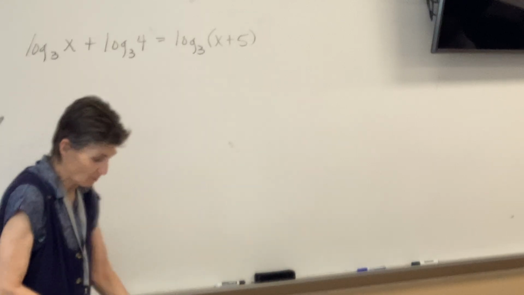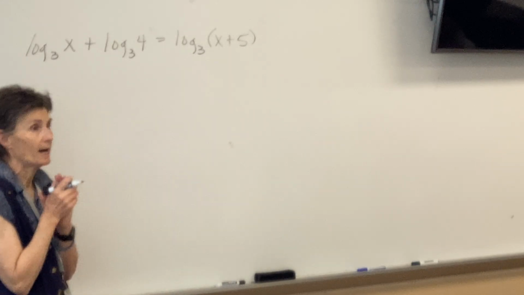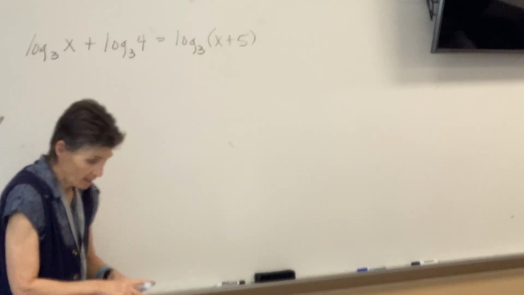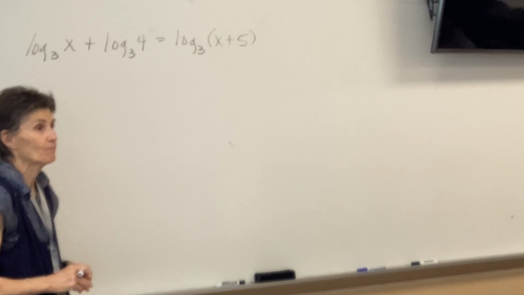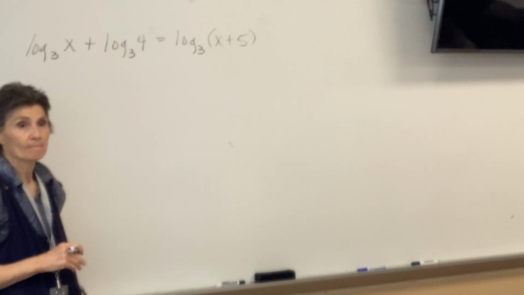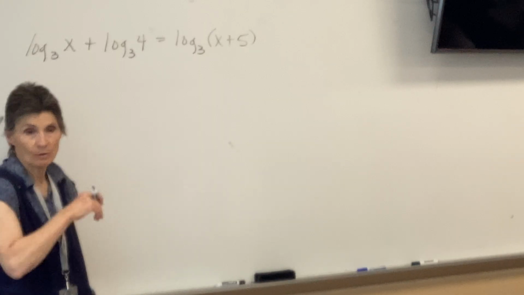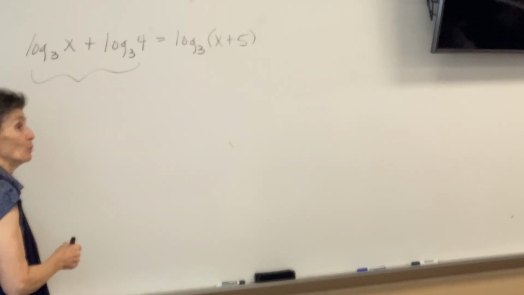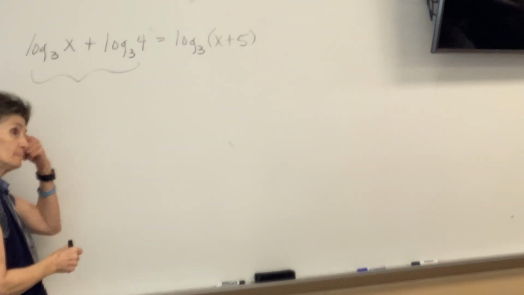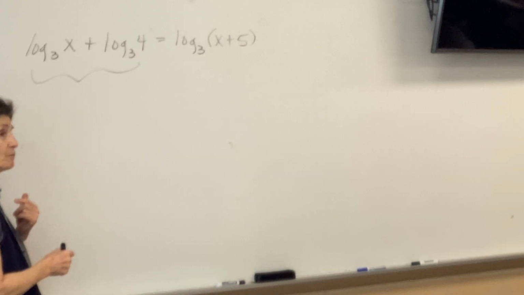Who remembers from last time how I solved this? Remember what I have to do first. Combine the logarithms, that's exactly right. You cannot have two. Drill that in your brain, you cannot have two.